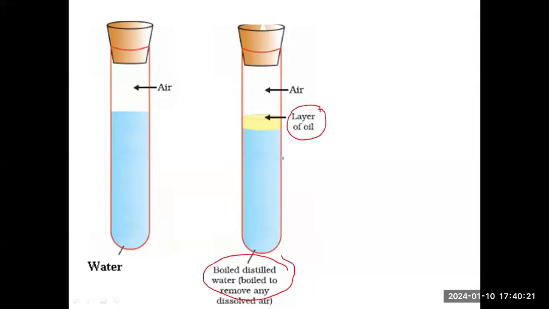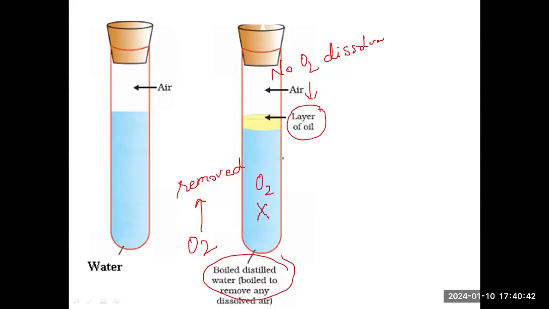When you boil the water, whichever oxygen was present in the water gets removed. And then you have a layer of oil so that no more oxygen can dissolve into it. It means there is no oxygen in this water.